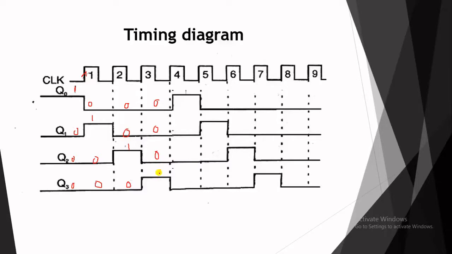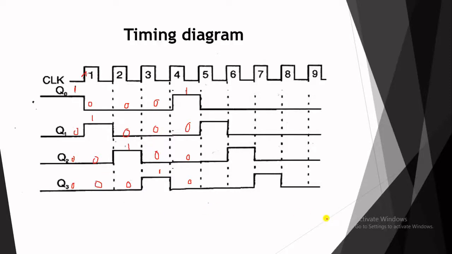Now this last flip-flop's output is fed back to the first flip-flop. So here this 1 goes to here. So here again 1, 0, 0, 0 and continue. In this way the ring counter works.